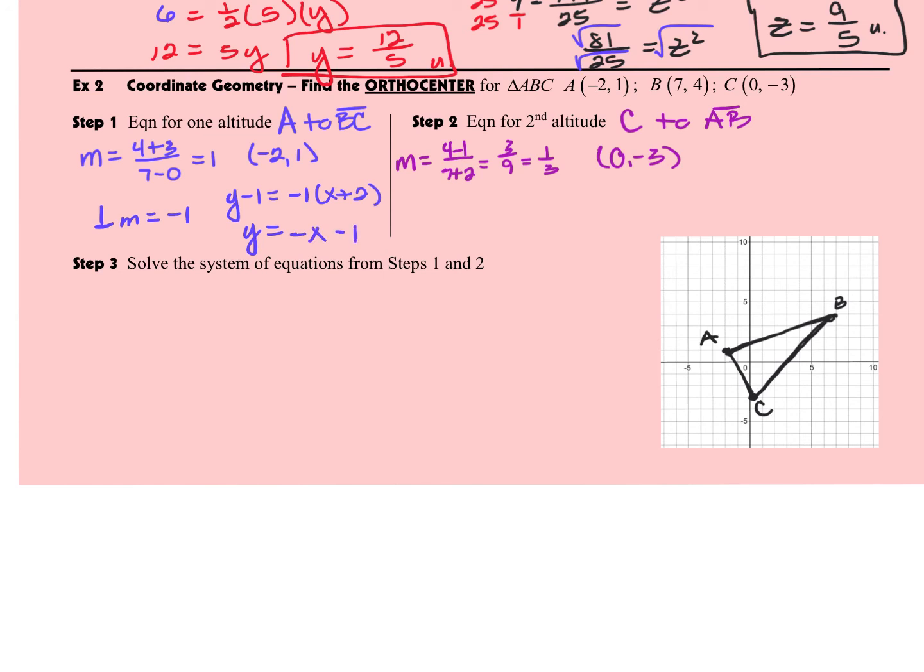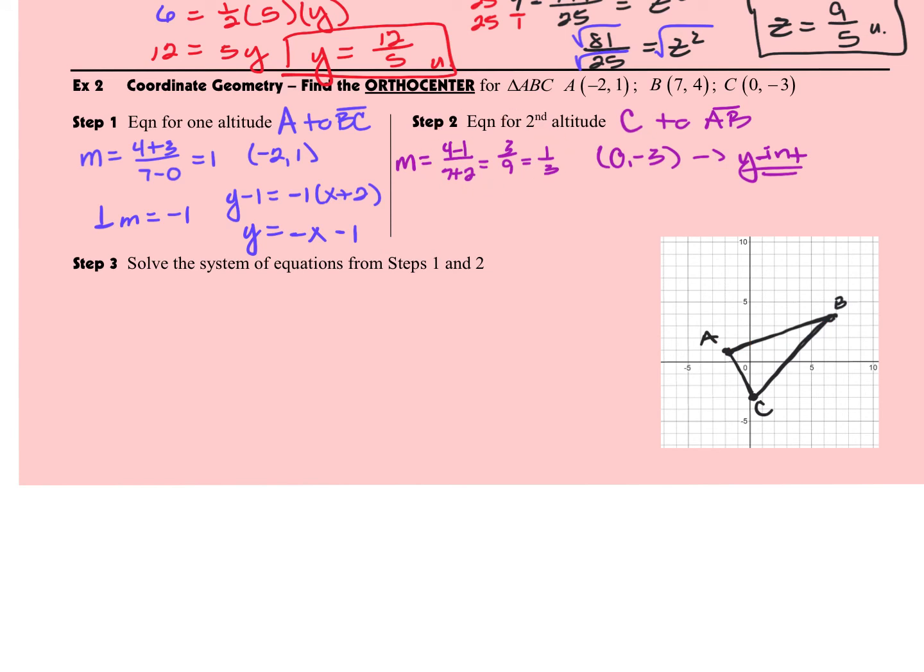Over here, I know I'm going to go from C to side AB. So I've got my point C. I want to call your attention to notice that this point is in fact a y-intercept. This is going to make our life really, really easy when we go to write our equation for our line. I've also calculated my slope of AB right here. You guys already know how to do slope.